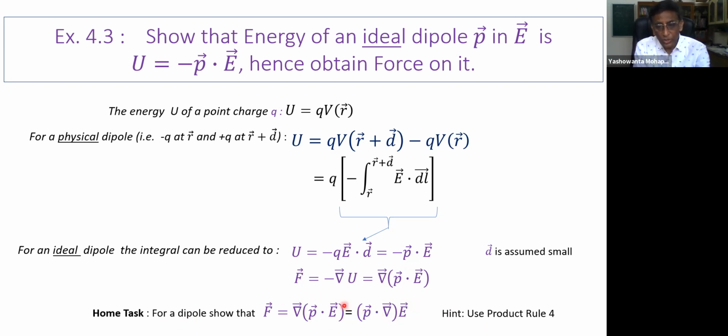Okay, so to prove this, the hint is to use product rule 4 on your book cover, just expand this and see which terms are zero, and you will get this. All right. In practice, in terms of problems, you could use either this or this. Mostly this is convenient when E is given directly.